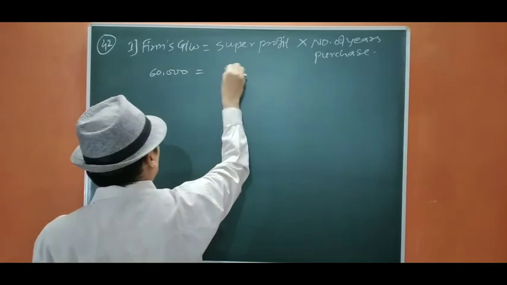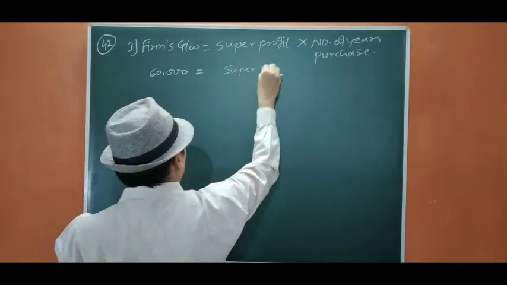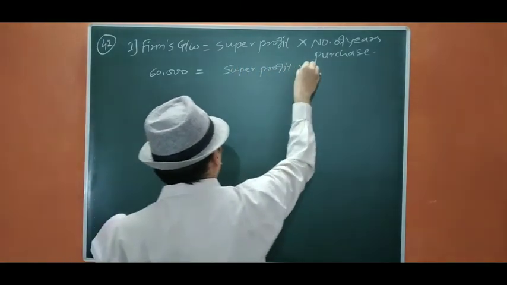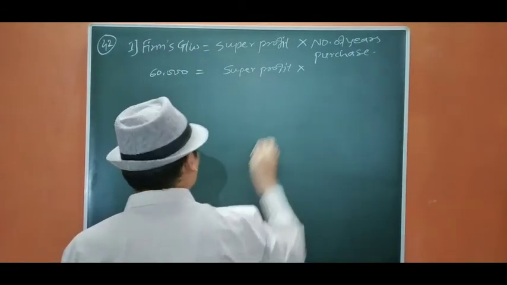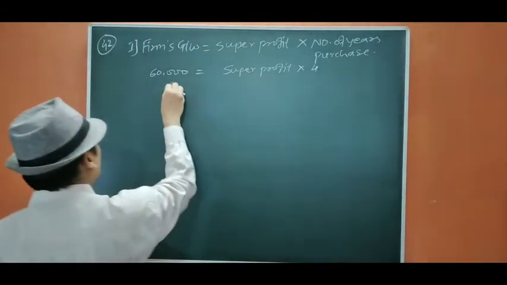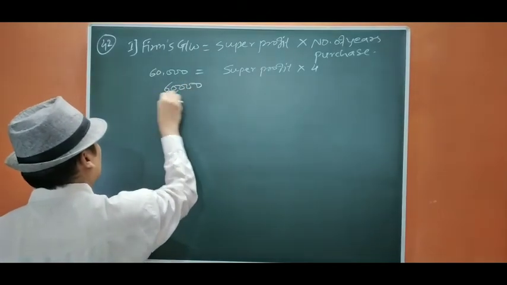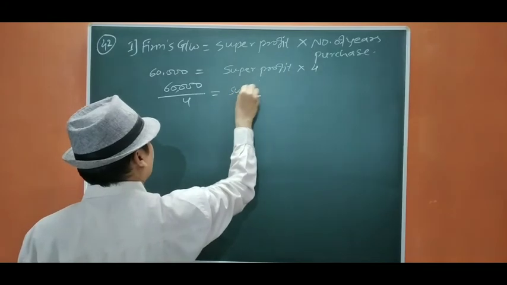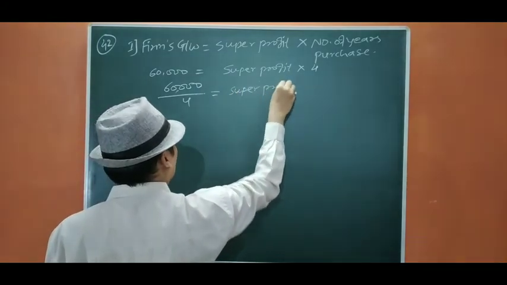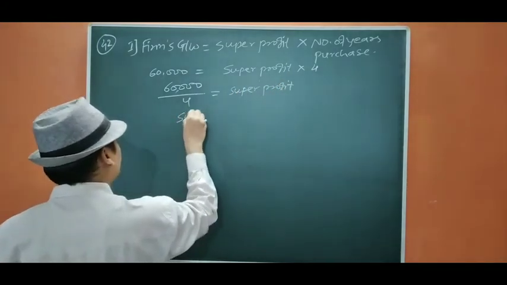Super profit is to be found. The number of years purchase given to us is 4 years purchase. So it will be 60,000 upon 4. Okay, super profit. So that means 15,000 super profit.